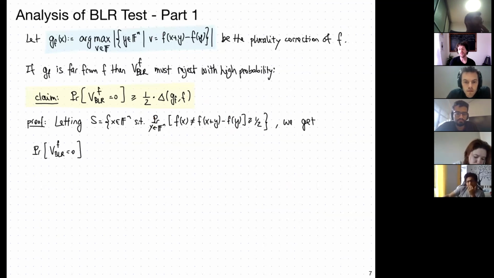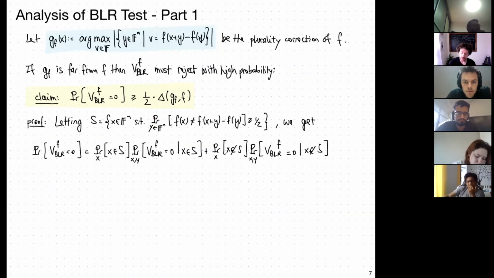And what we'll argue is that if it's not in S, then we don't care, because we don't have enough mass. What do I mean by that? This is just conditional probability. Suppose that X is in S, then what is the probability that we will reject conditioned on X being in S? And suppose otherwise, what would be the probability that we'll reject?